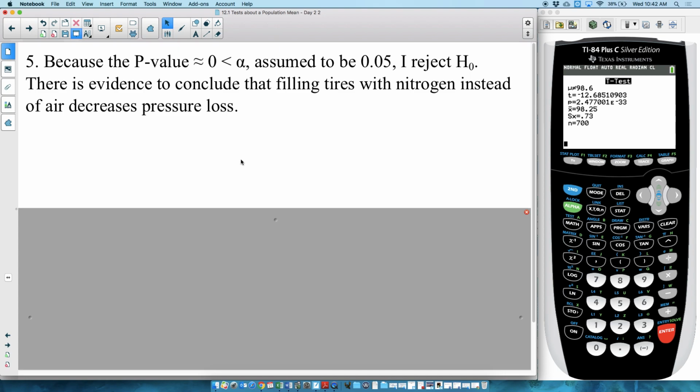There is evidence to conclude that filling tires with nitrogen instead of air decreases pressure loss. Or you could say there is evidence to conclude that nitrogen over air will decrease pressure loss in all tires, if you want that word all in there.